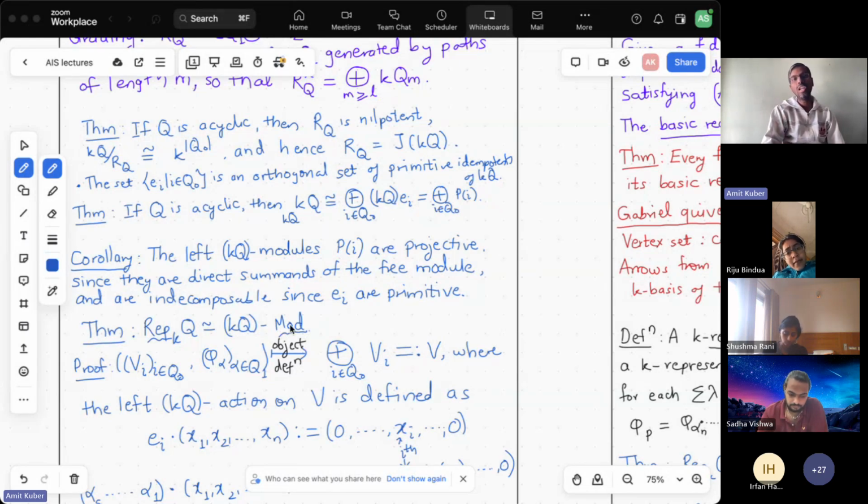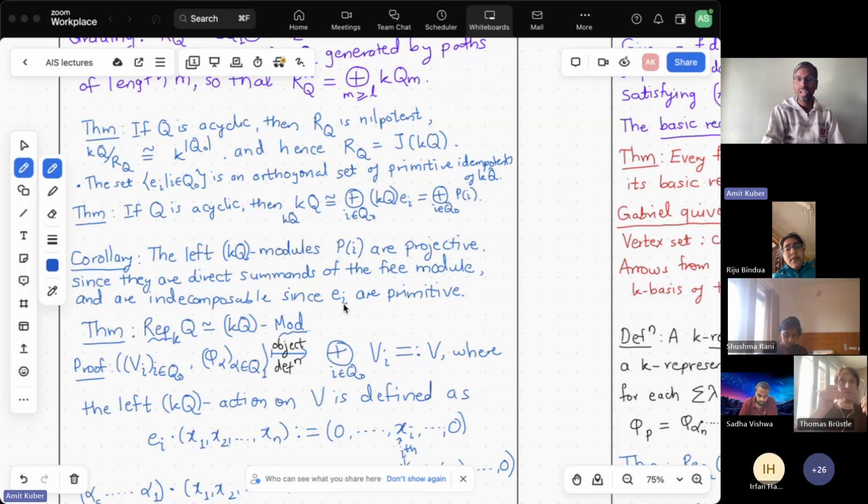Well, first of all, a module is an abelian group. But because KQ is an algebra, we have to have some kind of vector space. So the vector space is simply the direct sum of all the component vector spaces of the representation. This is our assignment at the level of objects.